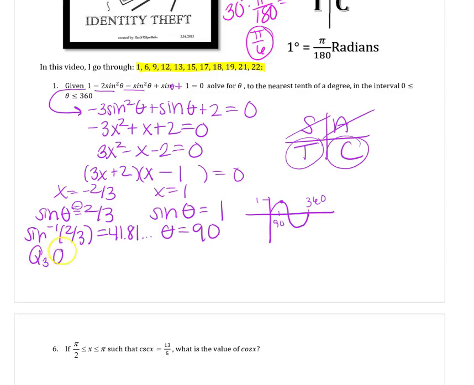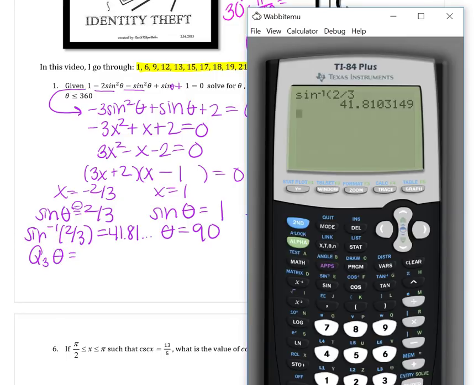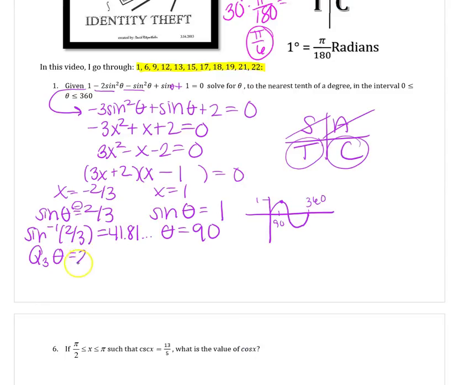So our quadrant 3 angle would be 180 plus that reference angle, 41.803, whatever. Okay, so 221.8. That's the first one. Our quadrant 4 angle would have to be 360, take away the reference angle.